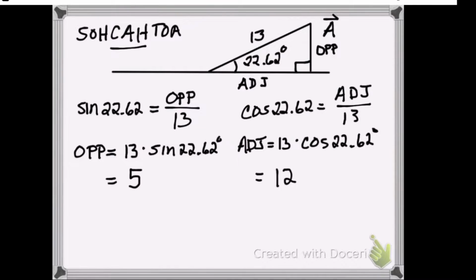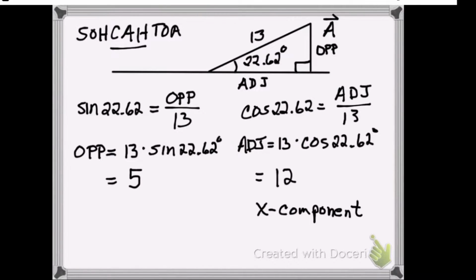Now the adjacent side of the triangle points in the same direction as the x-axis, so that's going to give us our x component, which I'm going to abbreviate as XCOMP, short for component. Okay, actually maybe I should write that out. There we go, x component.